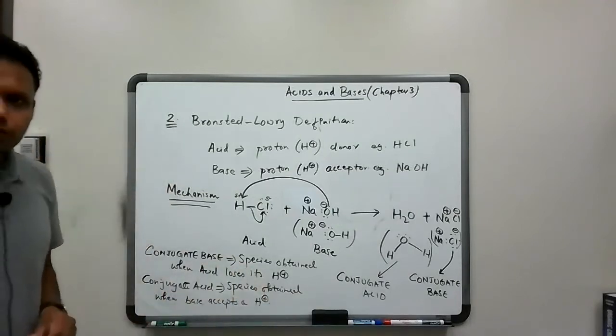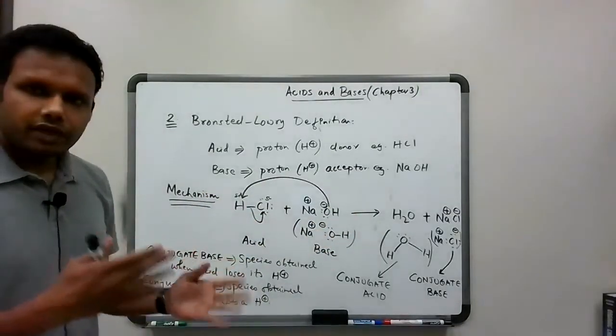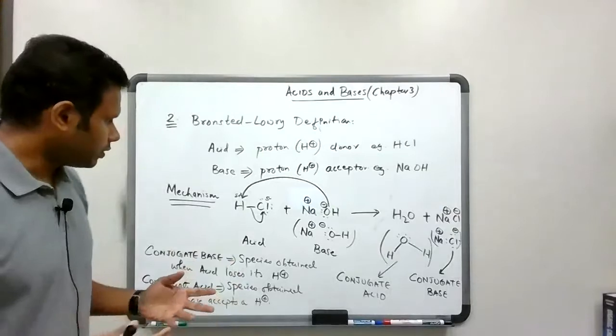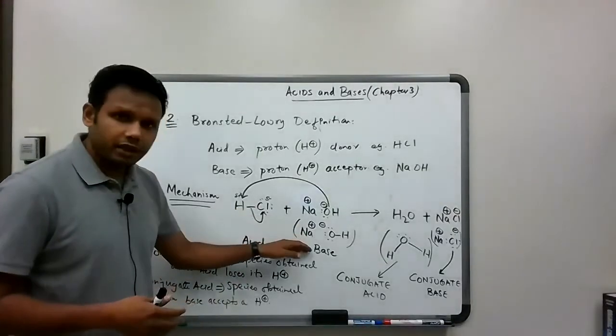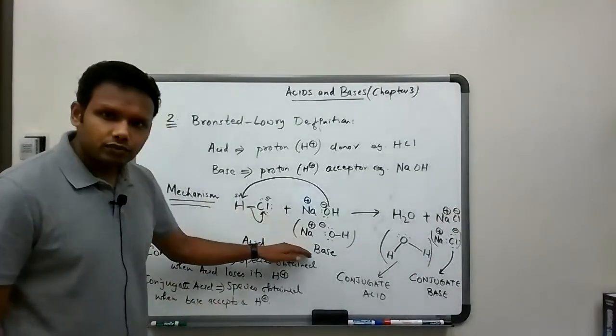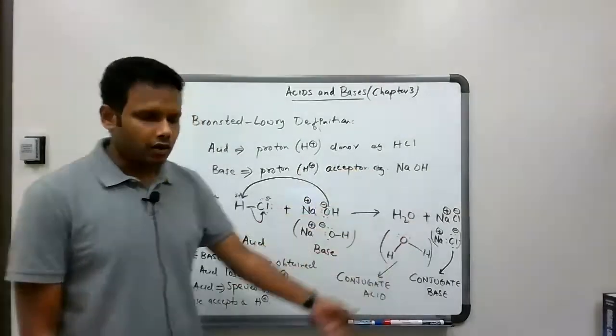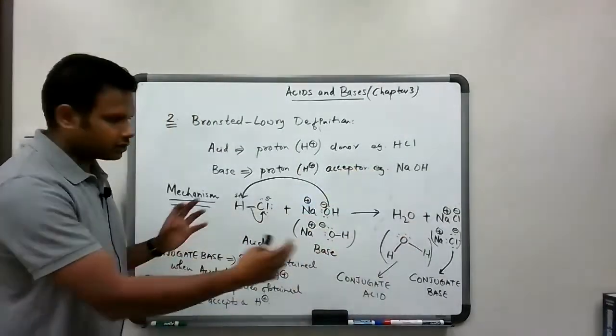Okay, so those are two species. So in an acid-base equation, essentially we have four entities involved. We have the acid, we have the base. On our reactant side, acid reacts with base to give you the conjugate acid and the conjugate base. So there is an acid and a base on both sides.